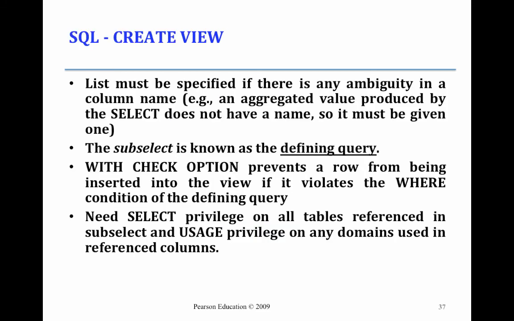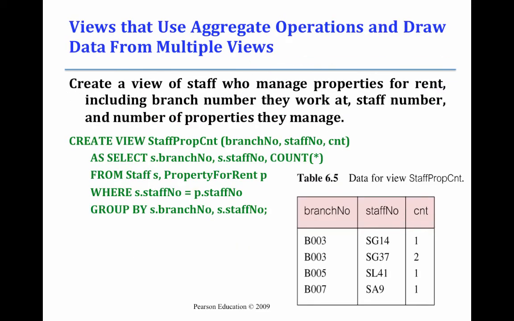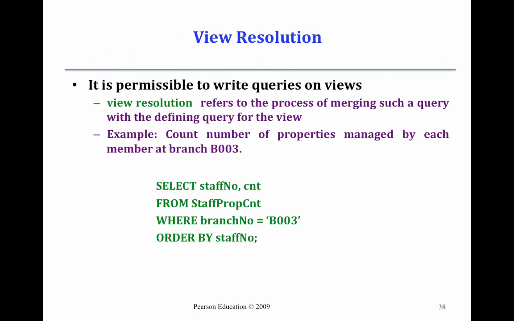Sorry, it was from staff property count. So I take it back. This was the view I created, where I was keeping track of each staff and how many properties they managed. And then here, I am selecting only the staff from branch B3 to view.